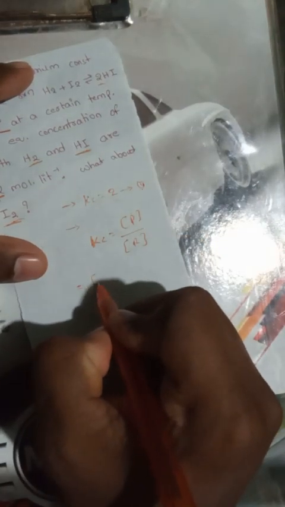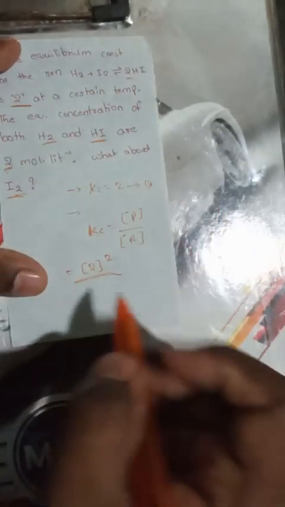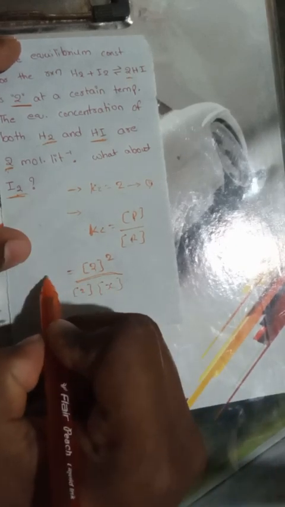So 2 square, by the given value for H2 which is 2, and we're going to find the value for I2.